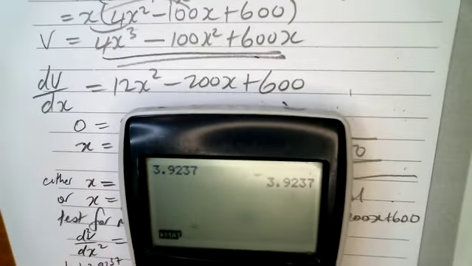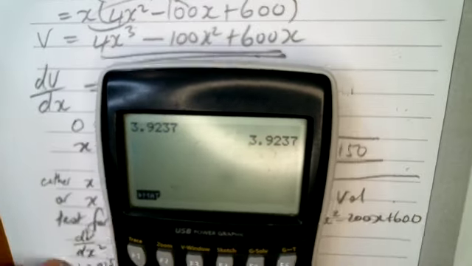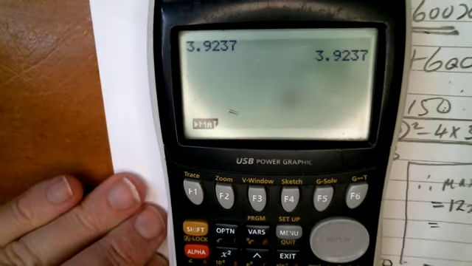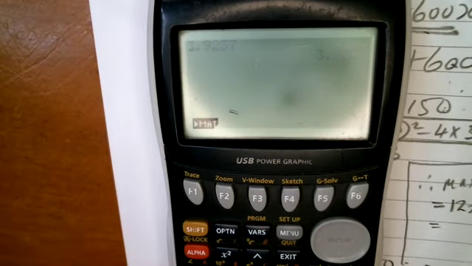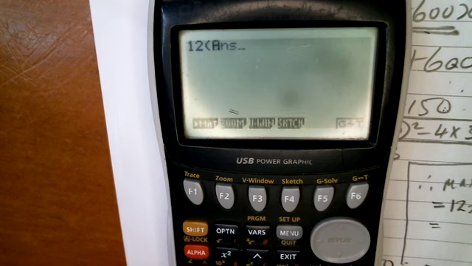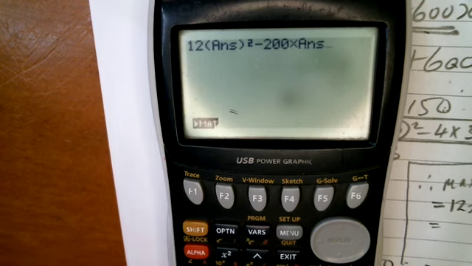Now I'm just going to do it like this so you can actually see me do it. So it's going to be 12 times the answer, which we had before, the answer squared, minus 200 times the answer, plus 600.